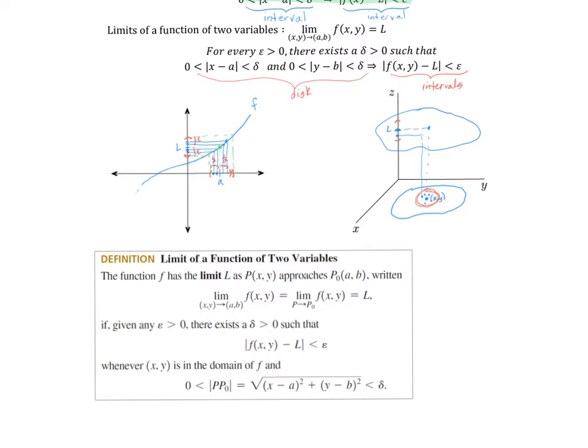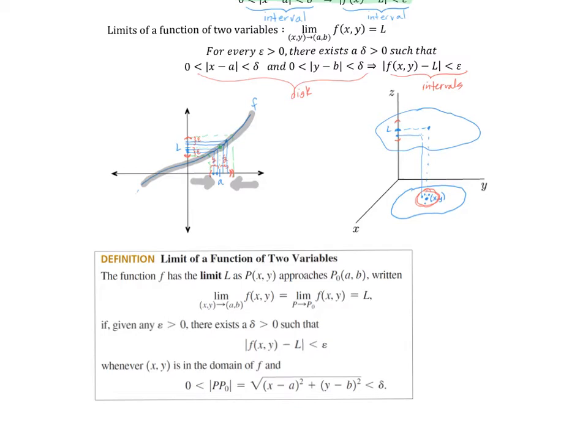So remember that the limit exists if all paths lead to the same L value. That means as I approach a from either the left or the right, both paths coming from left and right should lead to this L value.